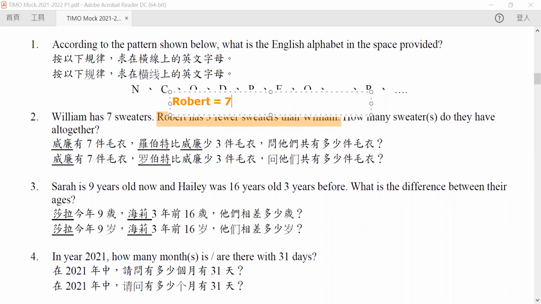There's 7, right? So it will be 7 minus 3, which represents 4. So Robert actually has 4 sweaters.